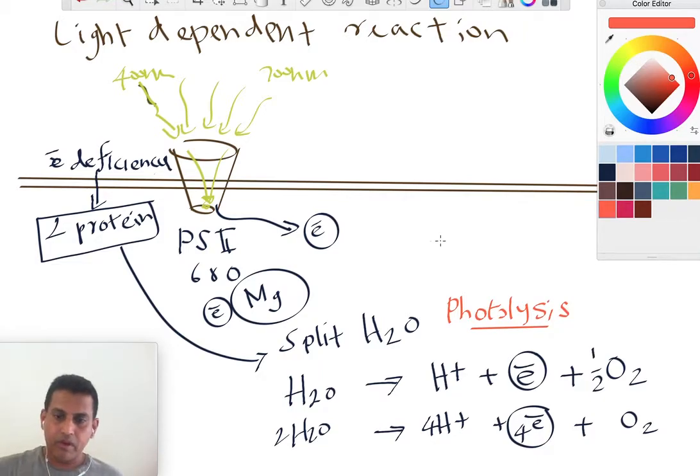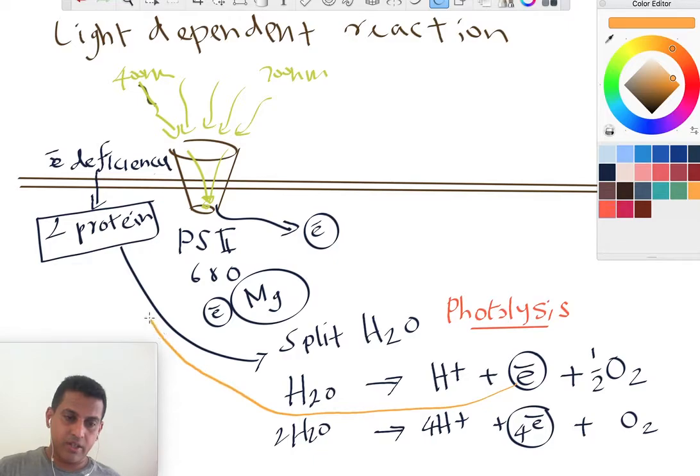Next, the electrons generated in these reactions go back to the photosystem, as it has an electron deficiency, which is filled by the electrons split from the water molecules. So again, the light energy comes to the photosystem, the energy is absorbed, electrons are excited and removed from the photosystem, which creates electron deficiency.